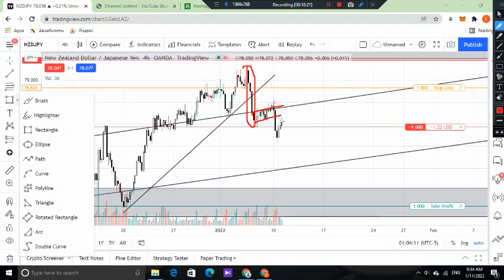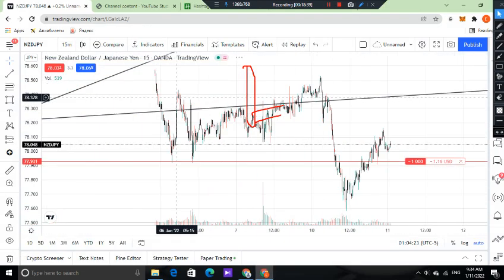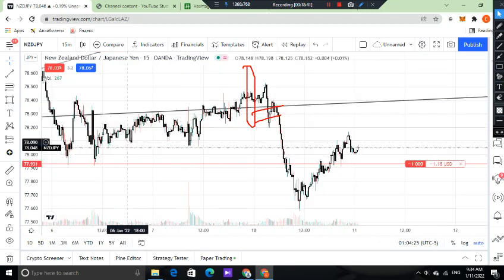Every trading range, every pullback is a trading range in lower time frames. If you look at this in lower time frame, you can see it's a trading range or channel, whatever.